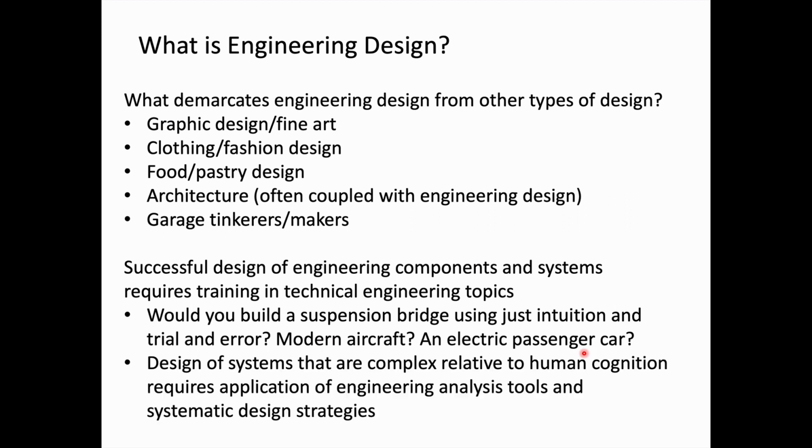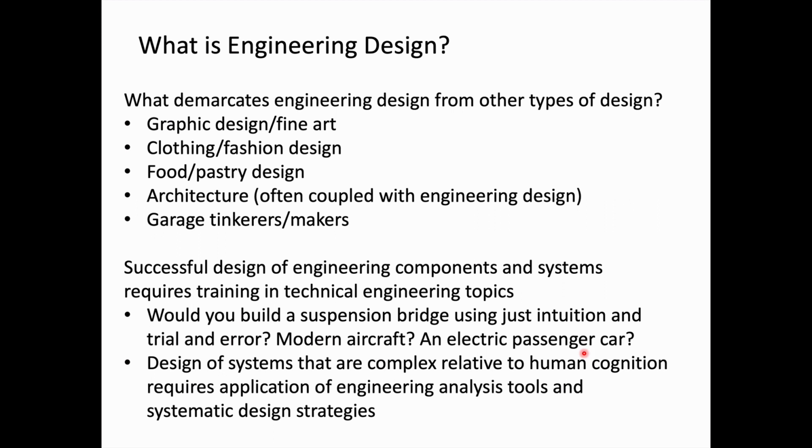complex and safety-critical systems. Design of systems that are complex relative to human cognition requires application of engineering analysis tools and systematic design strategies. So the kinds of things that we're learning in this class, you can think of as tools or extensions of human capabilities.